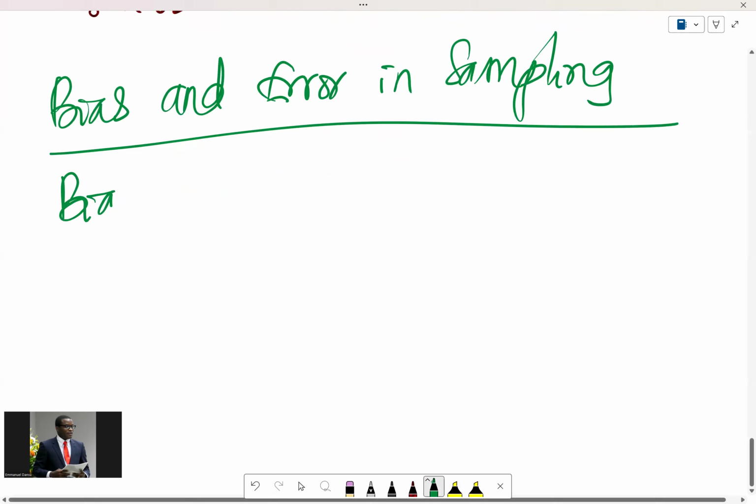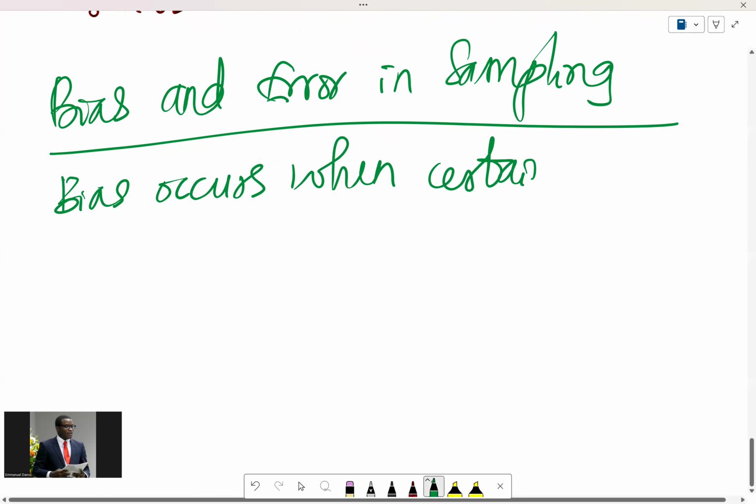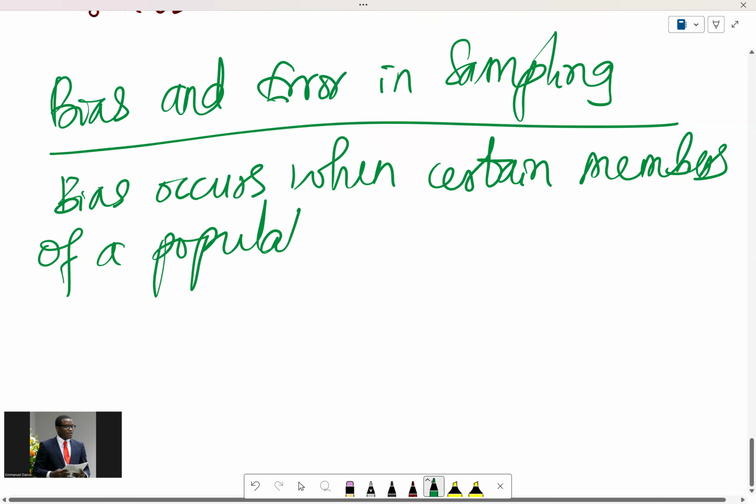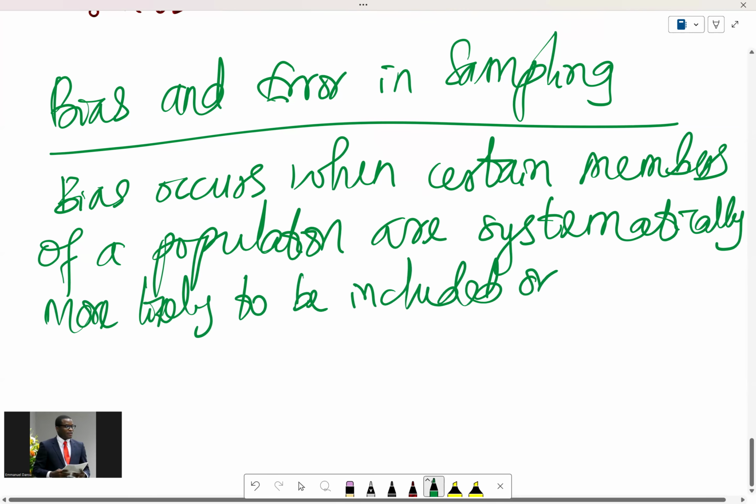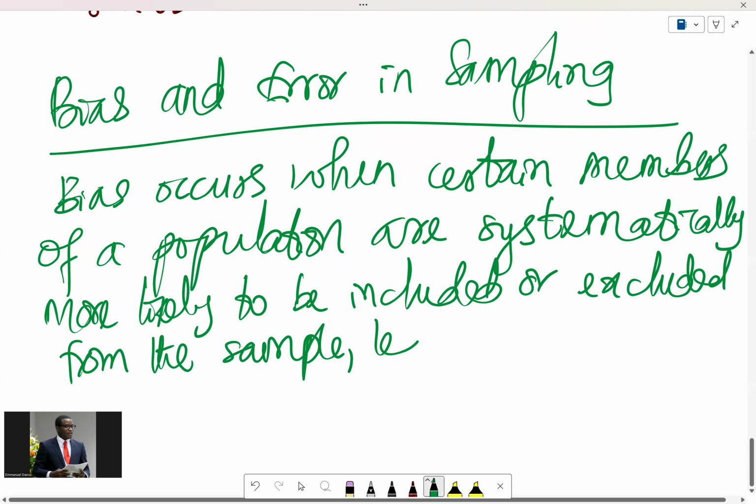Okay, so bias occurs when certain members of a population are systematically more likely to be included or excluded from the sample, leading to non-representative data.